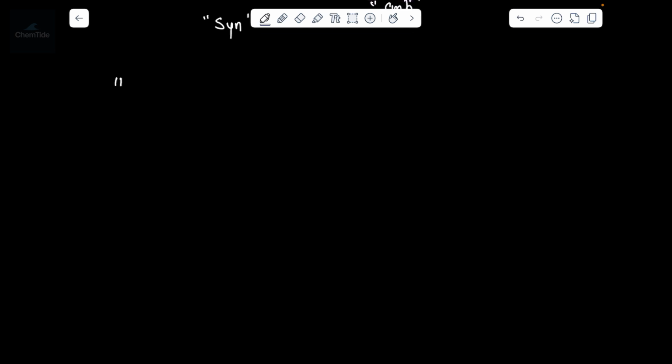Now the third possibility: if nitrogen is double bonded to nitrogen, and each has one lone pair, I can put any other substituent, let's say a phenyl ring. When the lone pairs are on the same side or the phenyl groups are on the same side, it looks like cis, but still we write it as syn only.